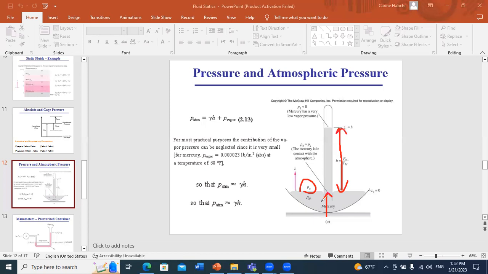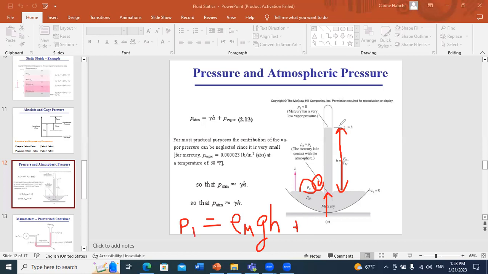So if we name this point 1, we can say that P1 is equal to, since we have a height of mercury H above this point, rho of mercury times g times the height of mercury in the tube, plus what?